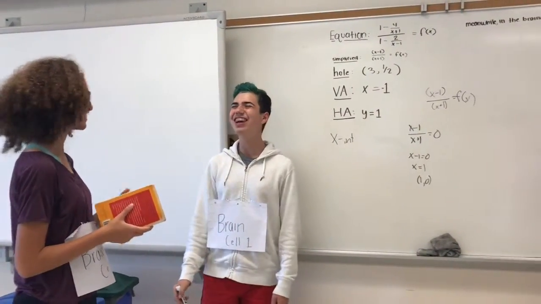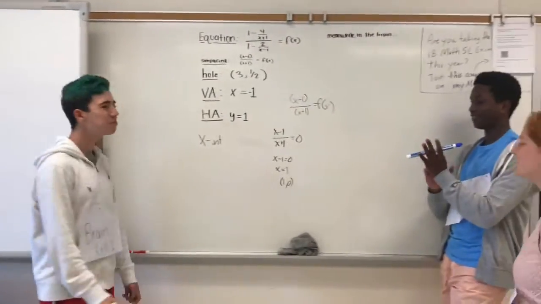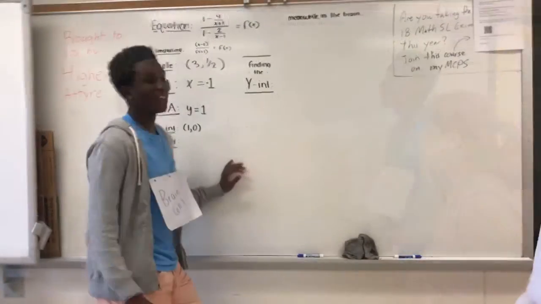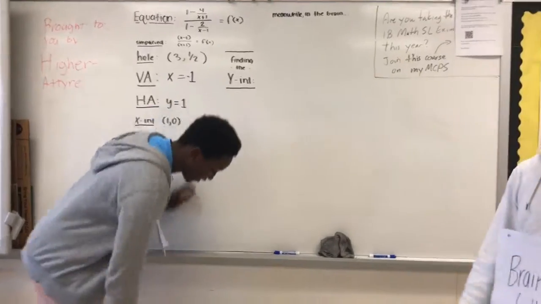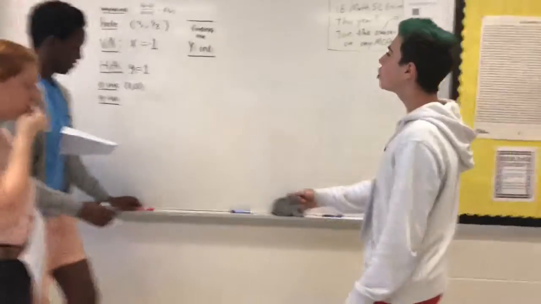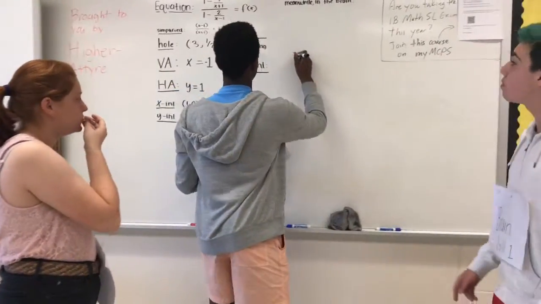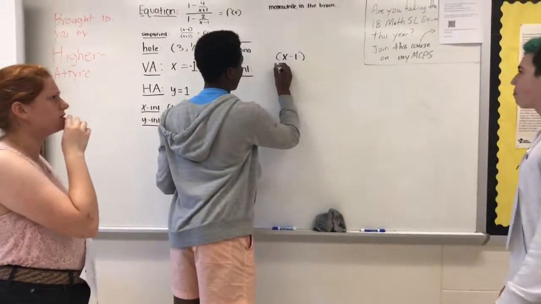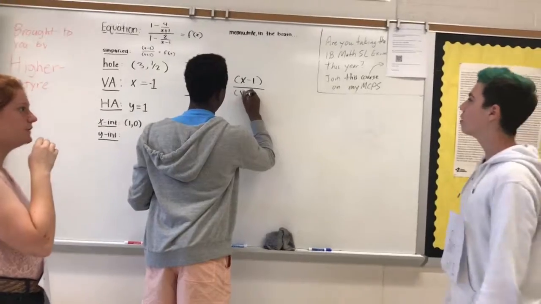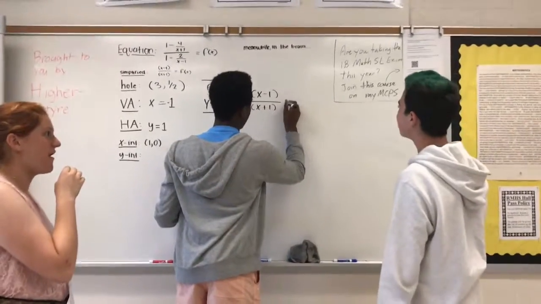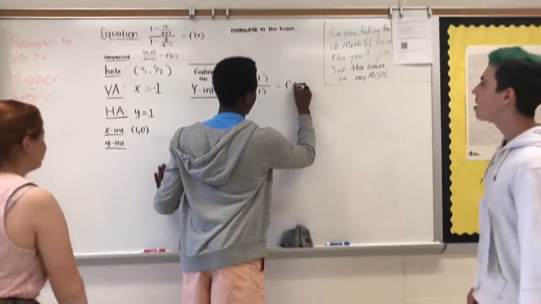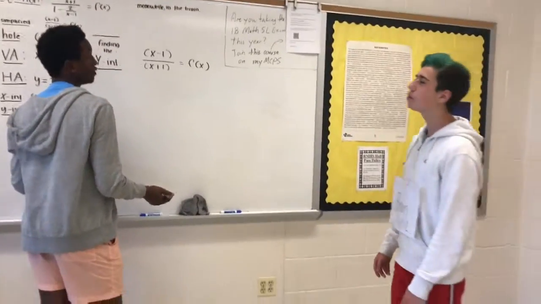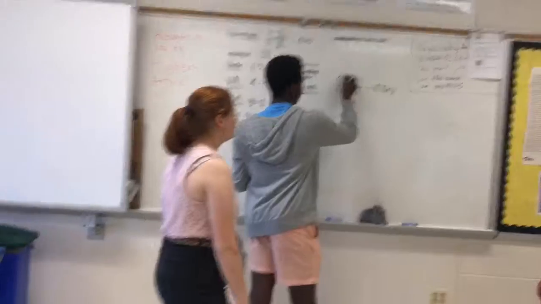Okay, so we're going to be finding the y-intercept. So we're going to rewrite our simplified expression of the equation. In order to find the y-intercept, we have to find what value y would be when x is 0.